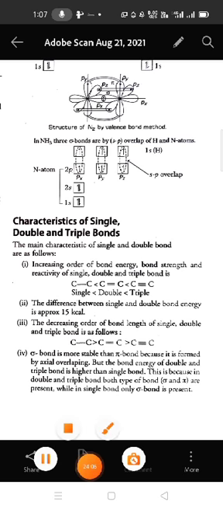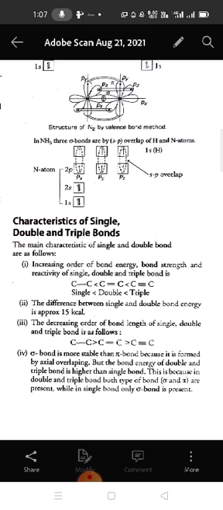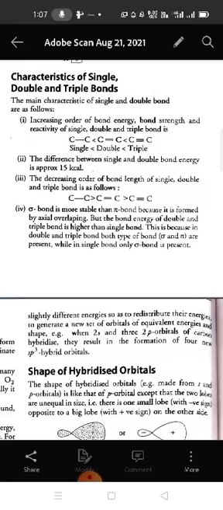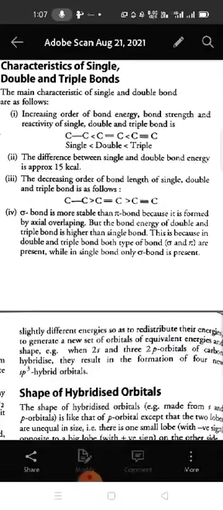The difference between single and double bond energy is approximately 15 kilocalories. Kilocalorie, not kilometer, because kilocalorie is the unit of energy.